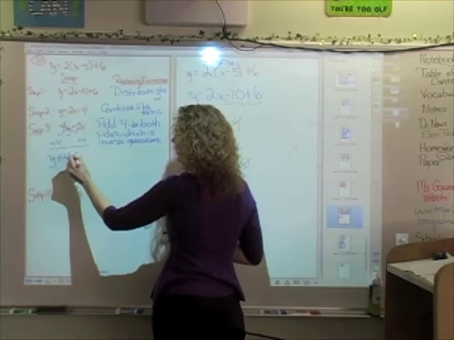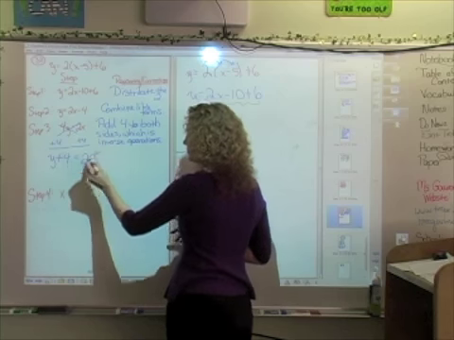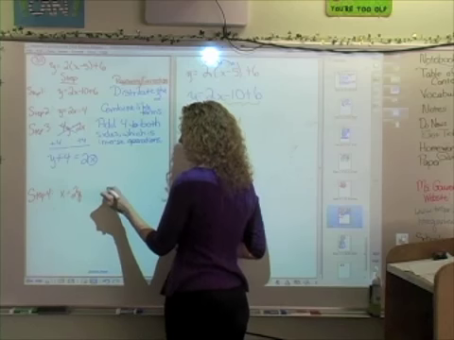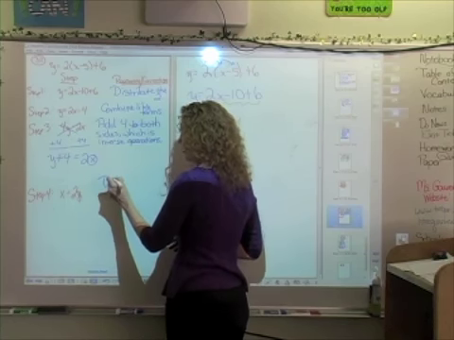y plus 4 equals 2x. Now my last step is to isolate x by, again, dividing by 2.